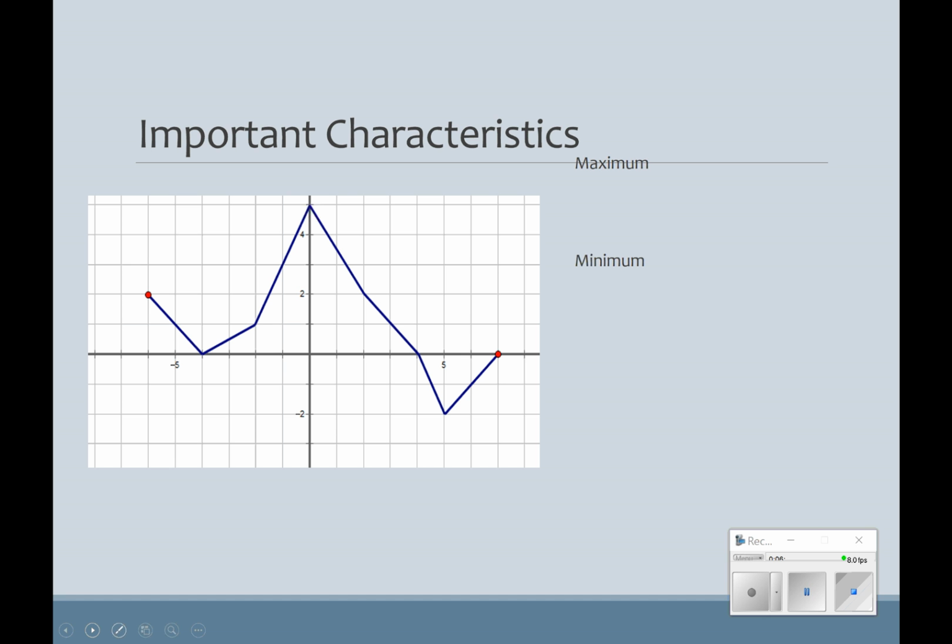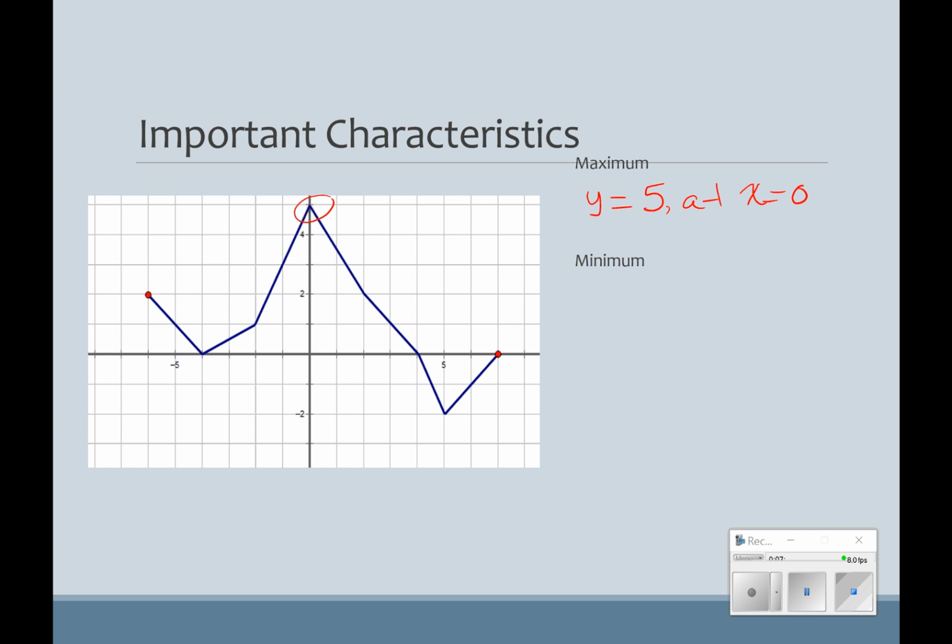Okay. And lastly, we have a maximum value and a minimum value. So the maximum is the highest point of my graph. So it's right here. Okay. And my maximum is going to be y equals 5. And we can say at x equal to 0.